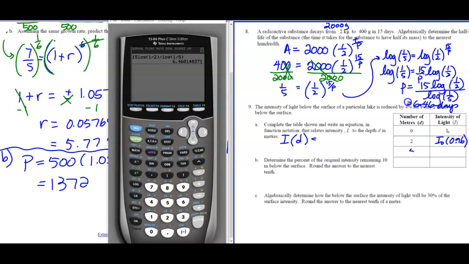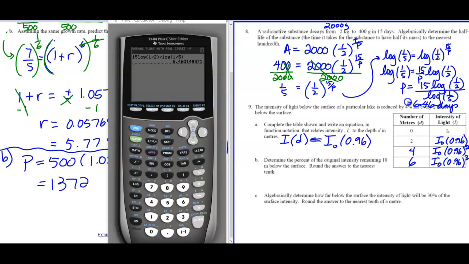And then another 2 meters below that would be 0.96 squared. Another 2 meters below that, 0.96 again. So you can see that our initial is I subscript 0.